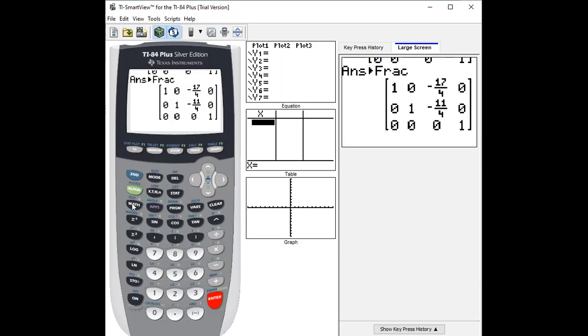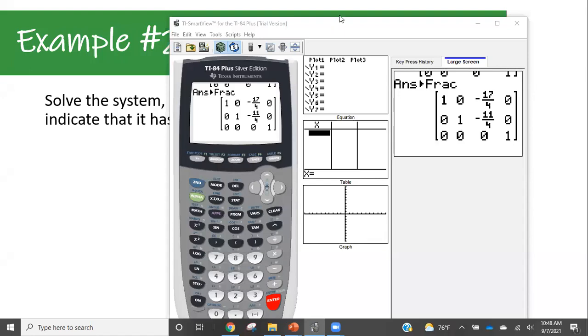If we take a look at that last row, we see that 0, 0, 0, 1. That means 0x plus 0y plus 0z equals 1. We ended up with 0 equals 1, which is not consistent. So we have an inconsistent system, which is going to give us no solution.